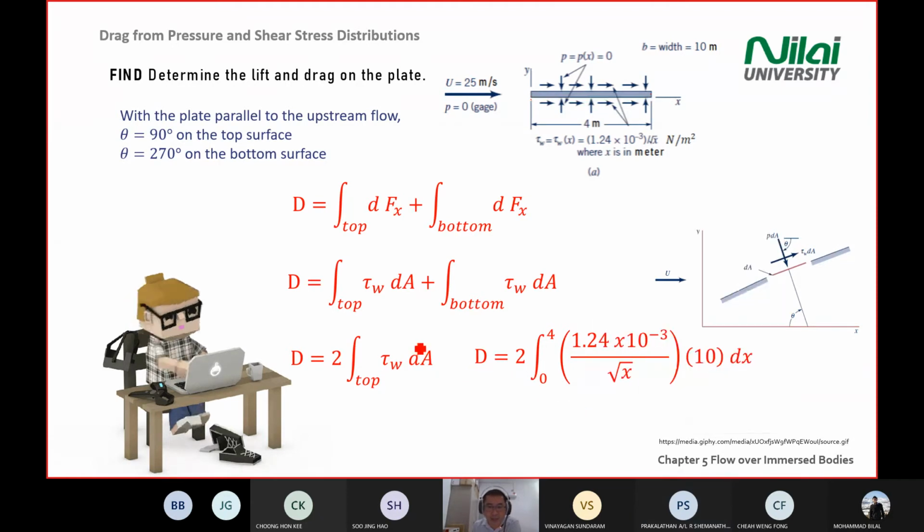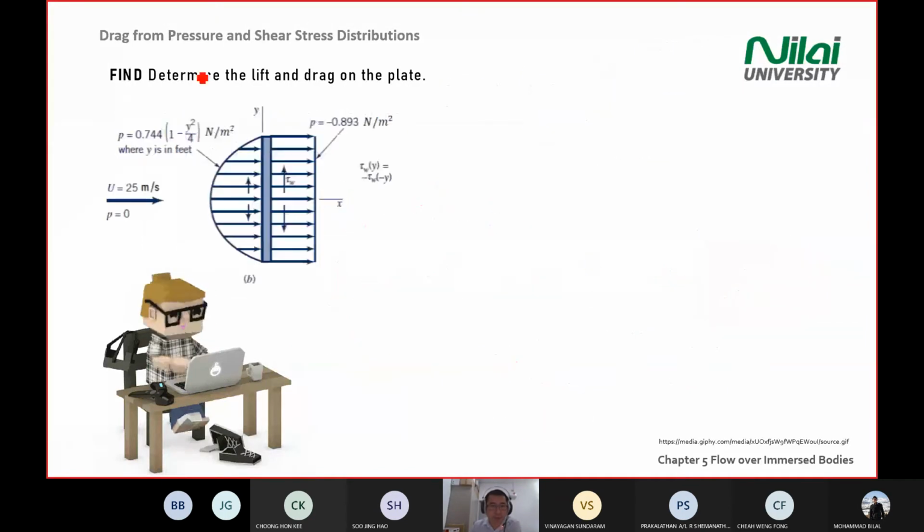Any more questions? Clear your doubt, because this example is related to your assignment number 1. If no question, we move to the second example, the second case, where the plate is now normal to the upstream, and you have front pressure and back pressure.